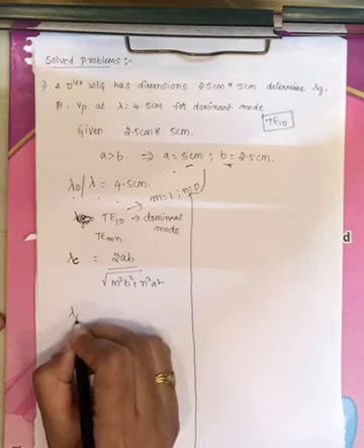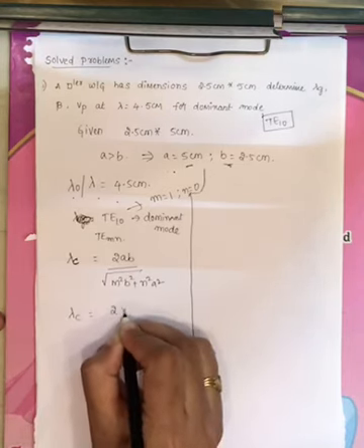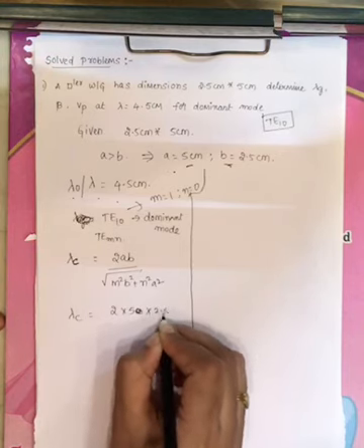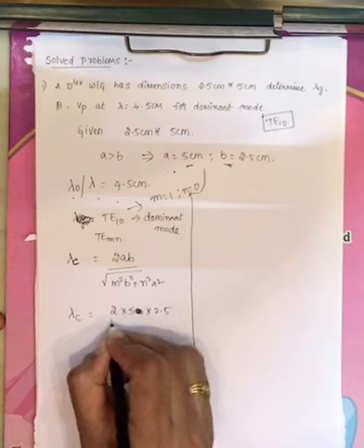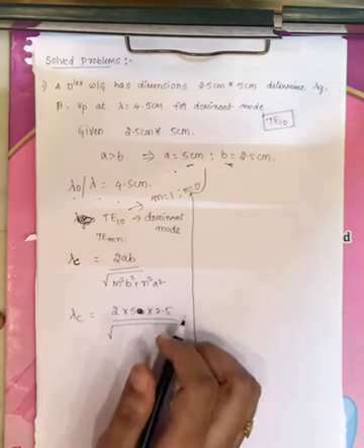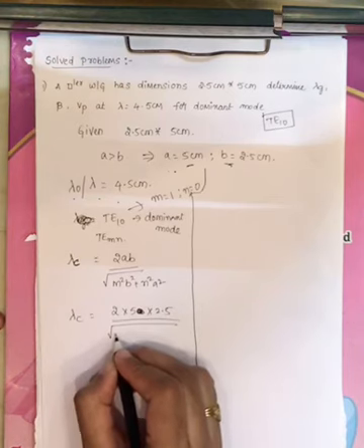Now substitute values, that is 2 into the a value 5 centimeter and b value 2.5 centimeter. Now m value is 1 and n value is 0, right?